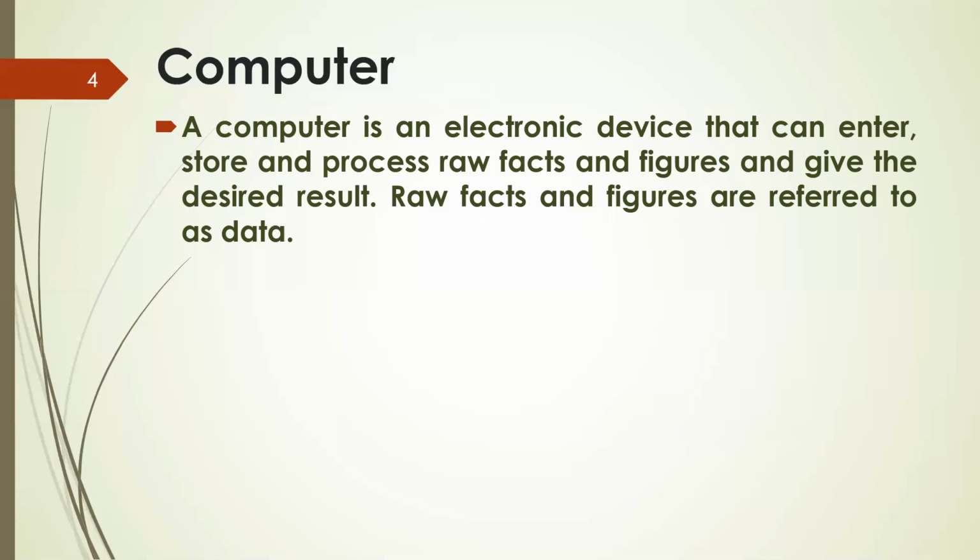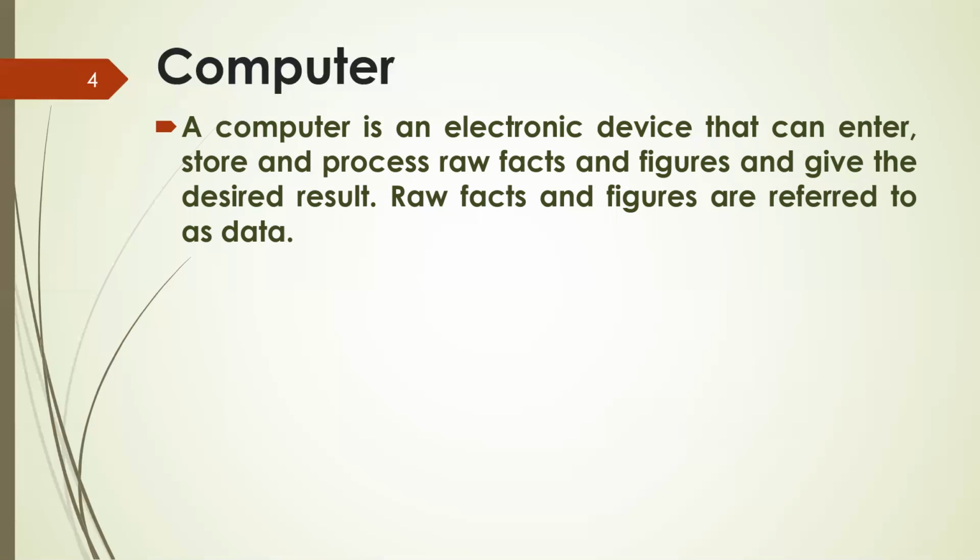Whatever raw facts or figures we enter are actually called data in the computer. If you are typing a sentence, or doing calculations like multiplication and addition, this is called calculation.